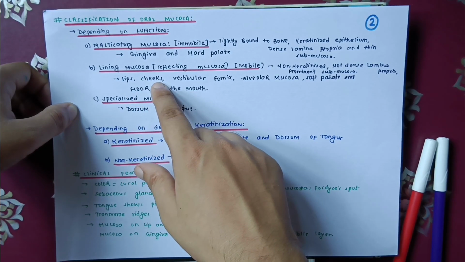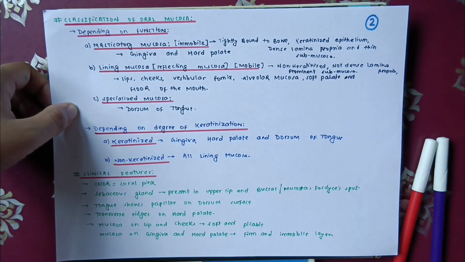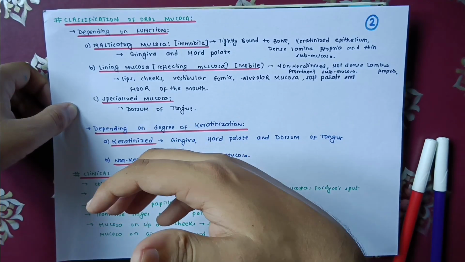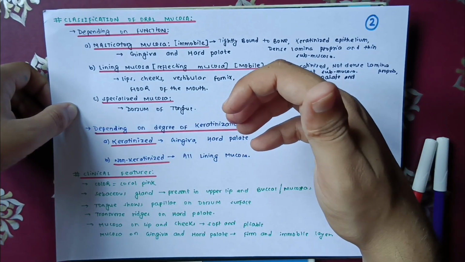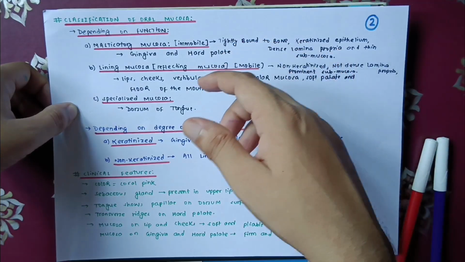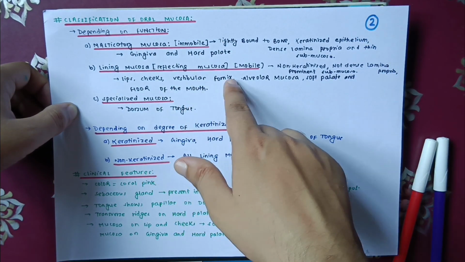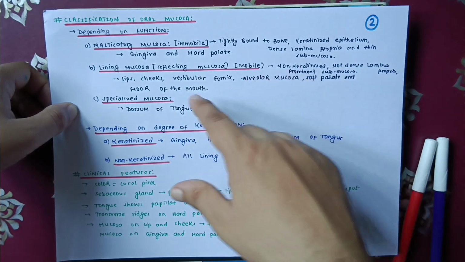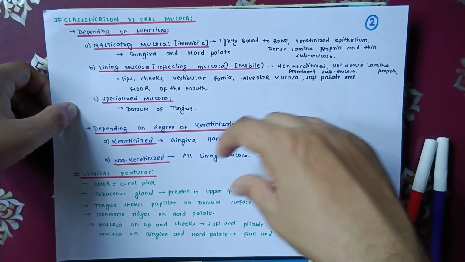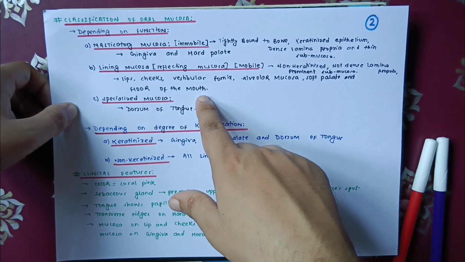Vestibule is a space, a horseshoe-shaped hollow space between the cheek and the gingiva, and that is called the vestibular fornix. And alveolar mucosa means the mucosa over the alveolar bone, and then the soft palate and the floor of the mouth.